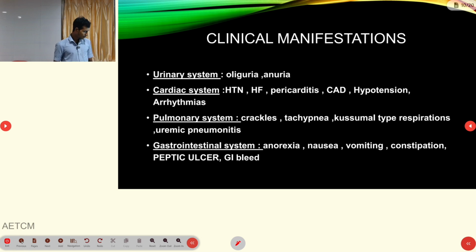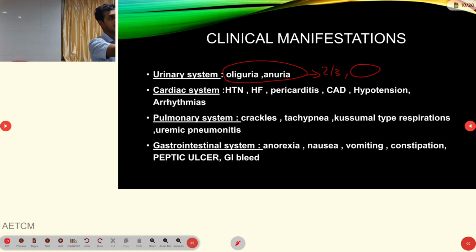So oliguria, anuria, we told what the reasons are and how we have to assess. What is it indicating? Oliguria, anuria means almost two-thirds of the fluid, or almost the whole fluid and waste product, is being retained, accumulating in the body.